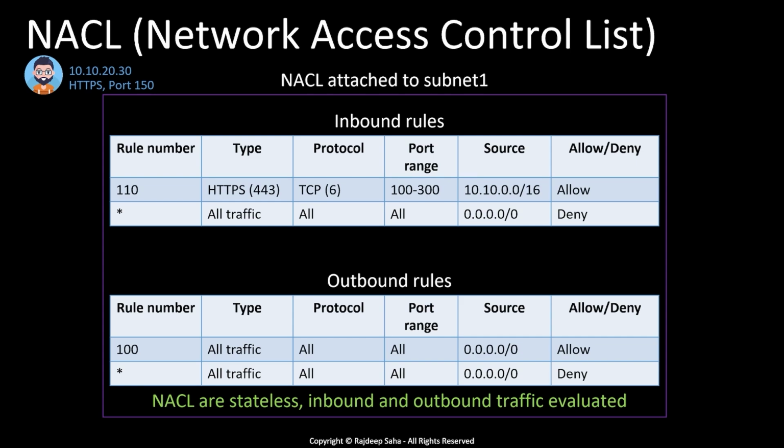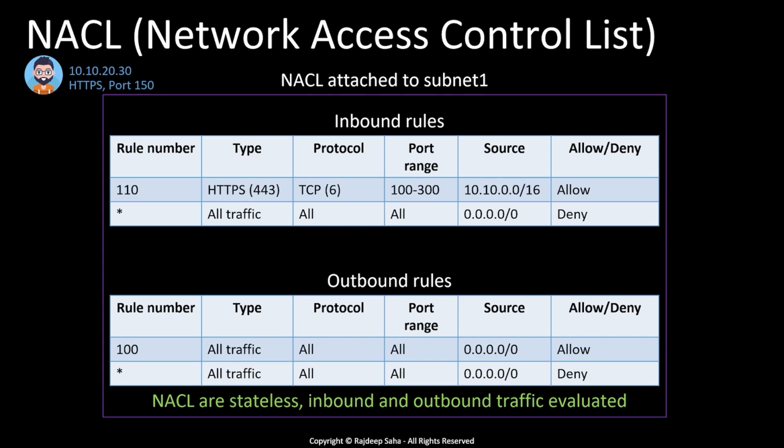And each rule in the inbound and outbound rule tables will have a numeric rule number, and they will be evaluated incrementally. So let's say for the inbound, rule number 110, HTTPS traffic for the port range 100 to 300 from the source IP address range of 10.10.0.0/16 is allowed.